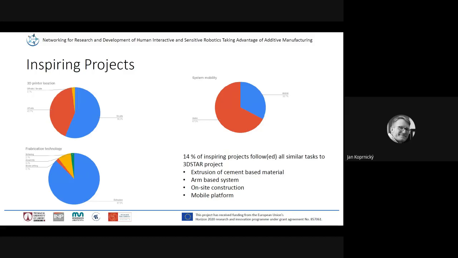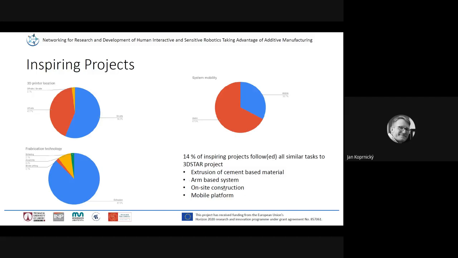If we have an intersection of all these conditions, according to our projects, only 14% of the projects we are following or are inspired by have almost similar tasks. So they use extrusion. They like to extrude cement-based material.